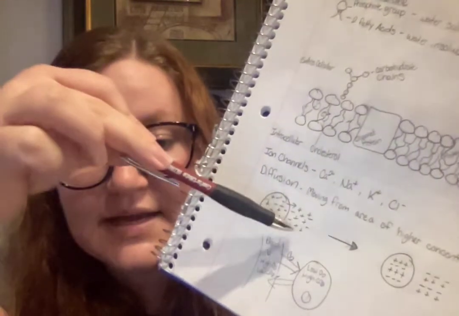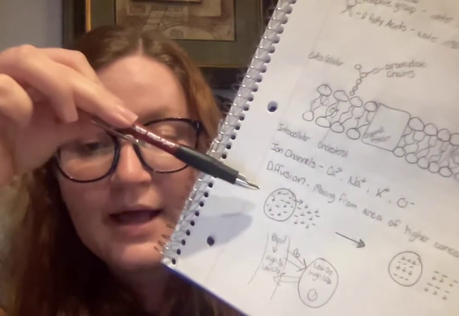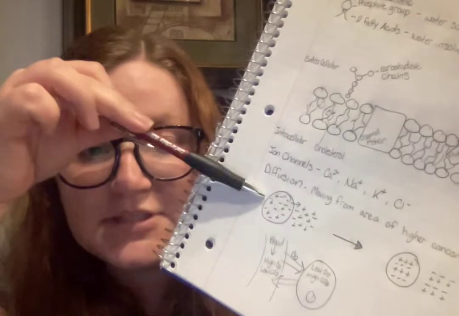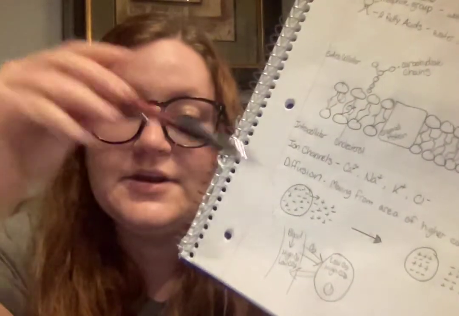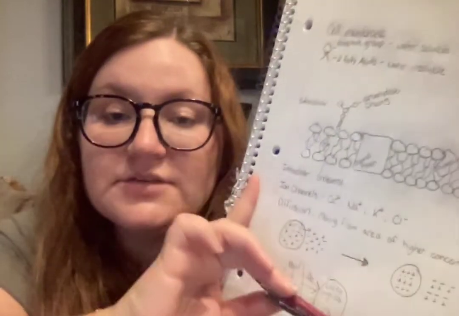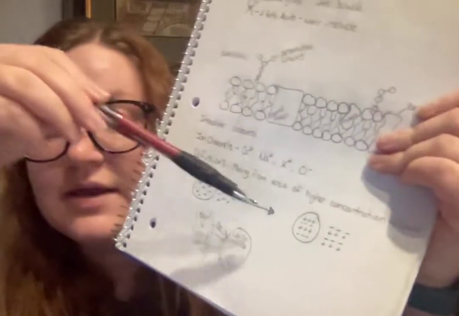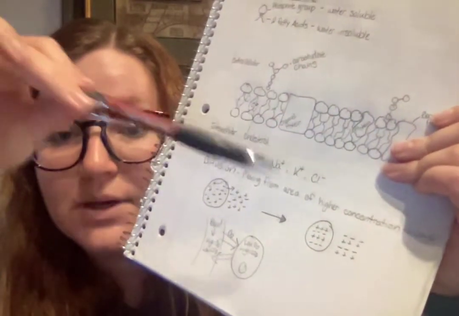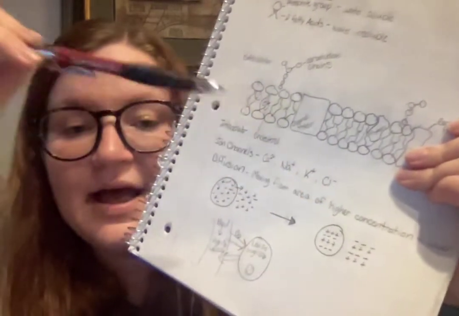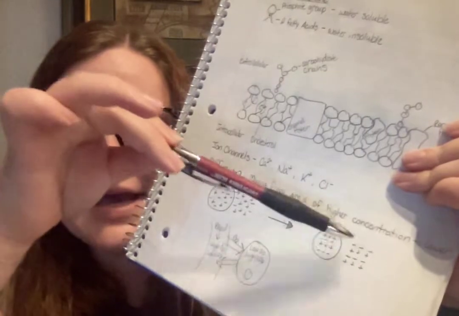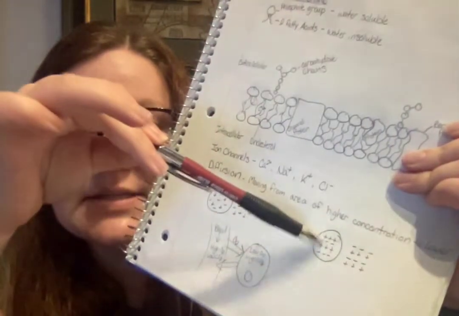So on the outside, it's more positive. So when they come into contact with each other, they want to balance out. So everything in here is just going to move out and diffuse slowly. So then we can get to an isotonic state where we have equal amounts outside of this membrane as what's inside the membrane.